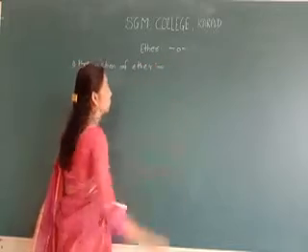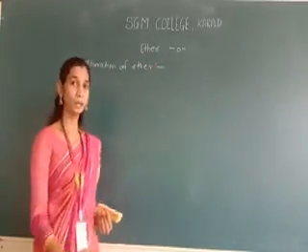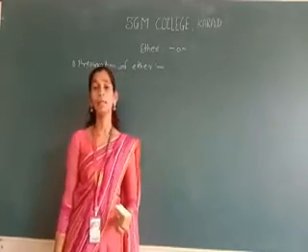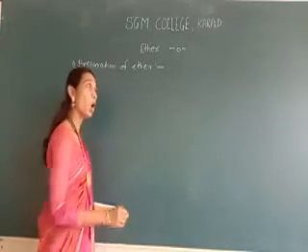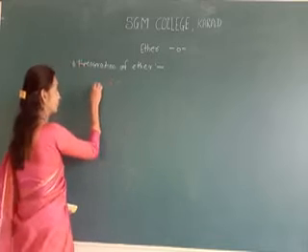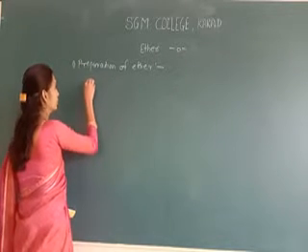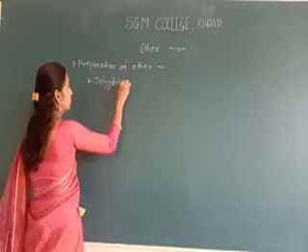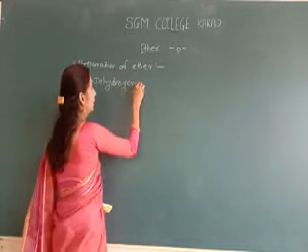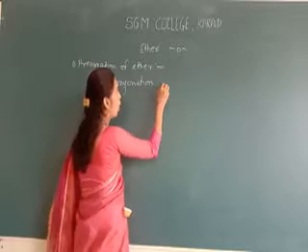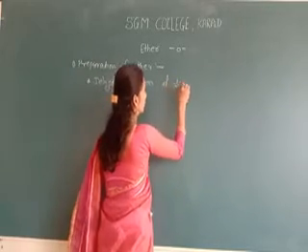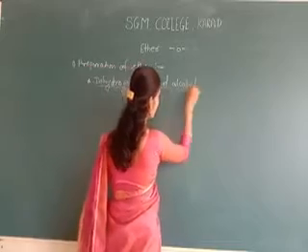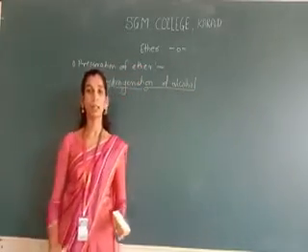From that, today we discuss the first method of preparation of ether, which is dehydrogenation of alcohol. Now in that name we understand what happens in this reaction.